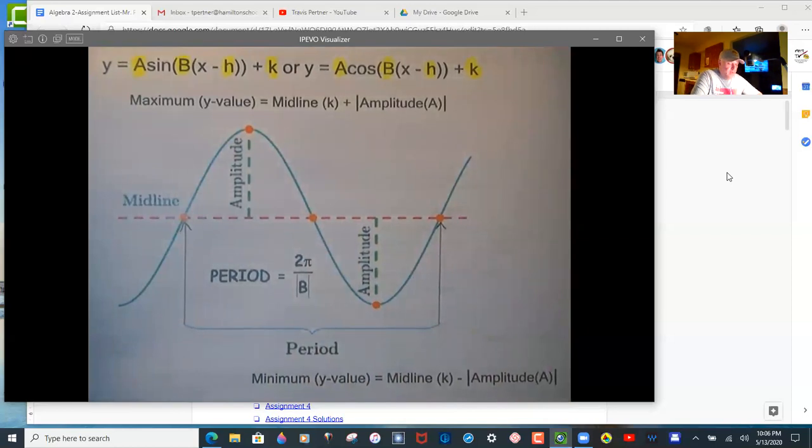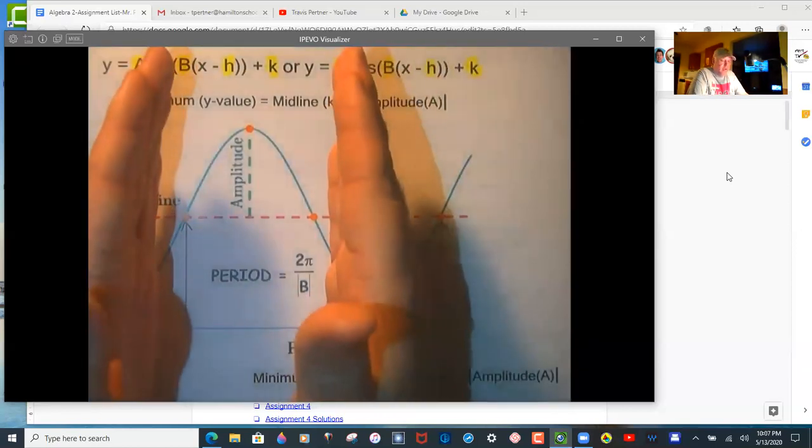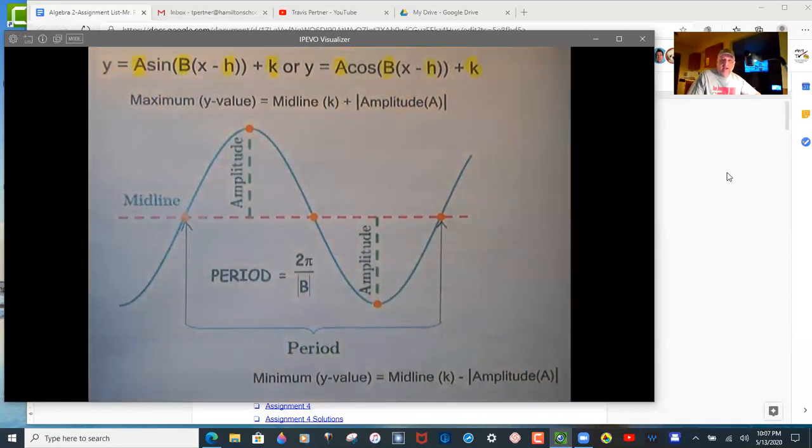So the value of B, and notice how B is factored out. It has to be written in that format. It affects the period. So the greater the value of B, the more compressed the wave becomes and the less the period becomes.